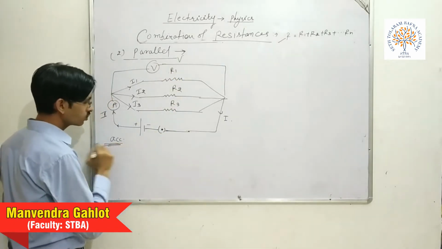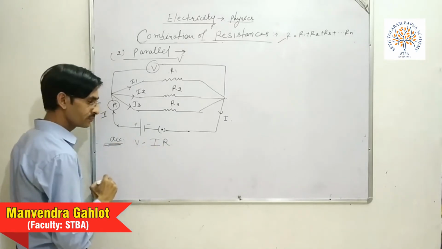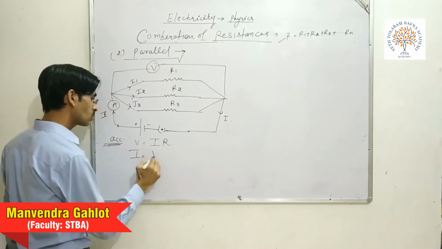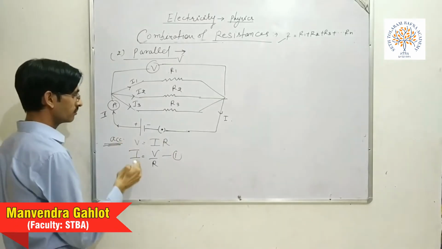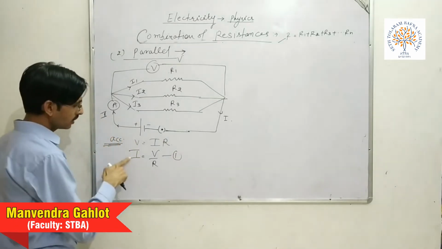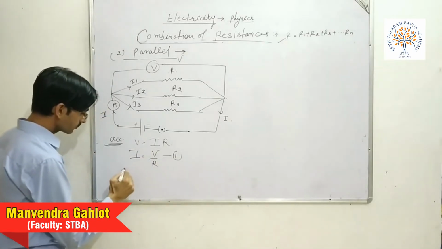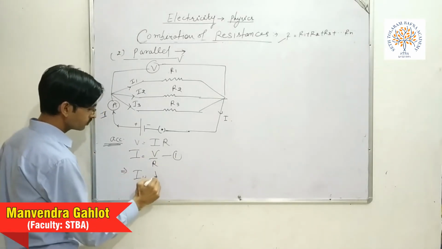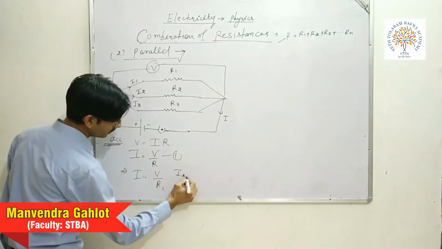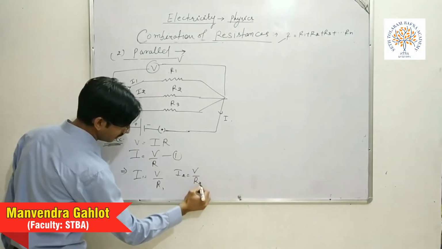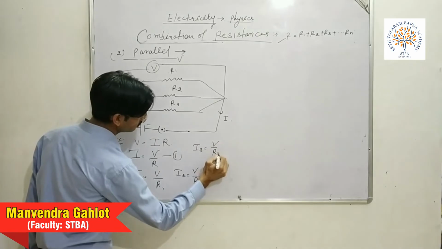So according to Ohm's law, we know that V equals IR. Similarly, I equals V upon R. Now at that time we find the amount of current. I equals V upon R. Now similarly, I1 equals V upon R1, I2 equals V upon R2 and I3 equals V upon R3.